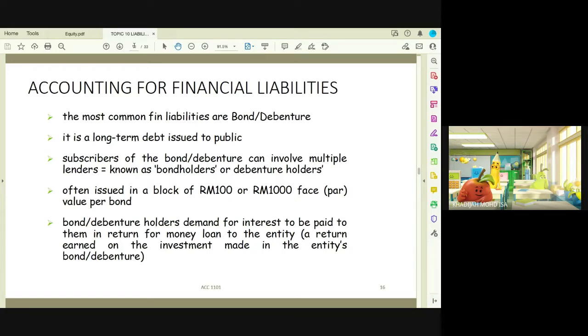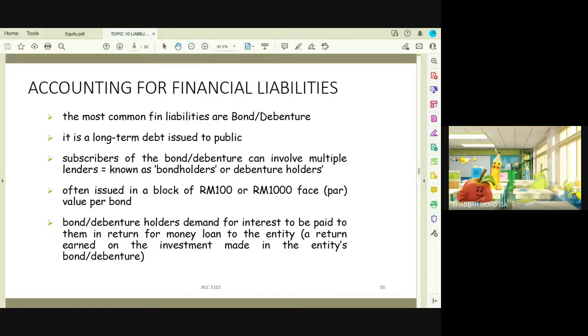But when you have a question on liabilities, normally it will be on bonds or debentures. That is the most common financial liability, a long-term debt issued to the public. Subscribers of the bond or debenture can involve multiple lenders known as bondholders or debenture holders.